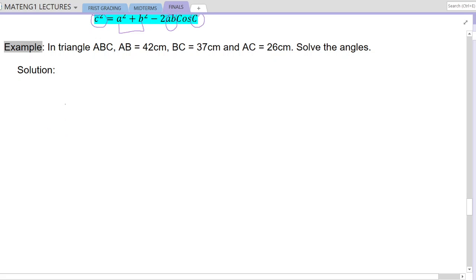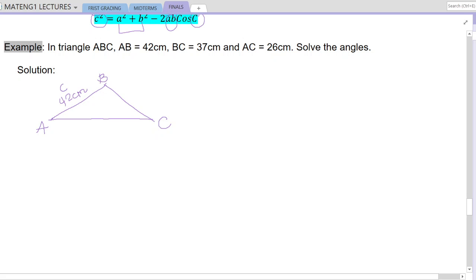Okay, so if we're going to draw this, in a clockwise manner, this will be our A, and then B, and then C. Line AB is equal to 42 centimeters, and we denote that as side c.